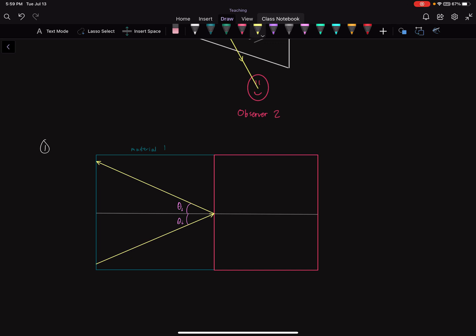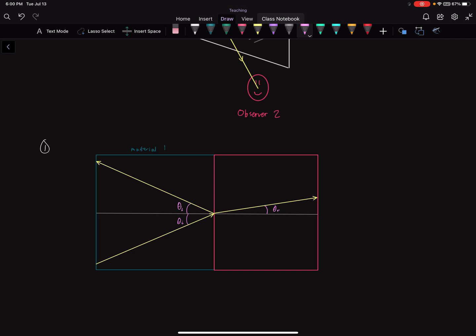If we're looking at the portion of this ray that refracts through the interface, then it follows a law that we are going to identify in a short bit. And it refracts at a different angle. I'm going to say theta sub r.